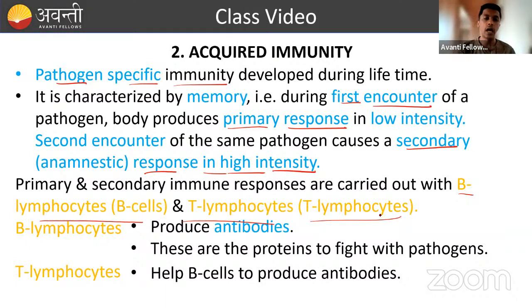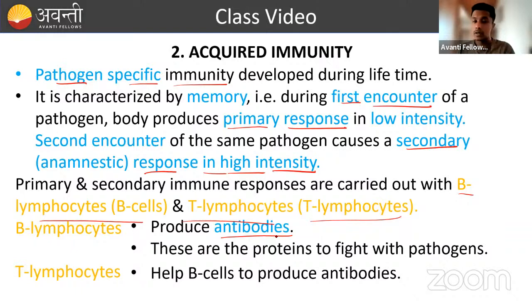Now, B lymphocyte cells have the capacity to produce small proteins called antibodies. These proteins can recognize the antigen by going and attaching to the surface of their cells or flagella or any of those things they can attach to.